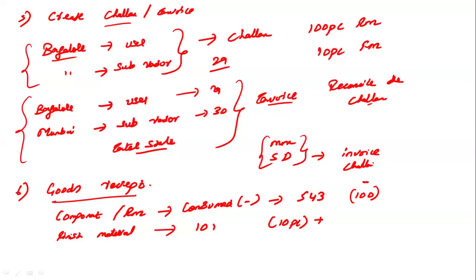In this case, the SD people will become the vendor. And the one who is going to receive the raw material is going to act as customer. So this is the complete process of what is happening in subcontracting. Any questions before I move into the system?